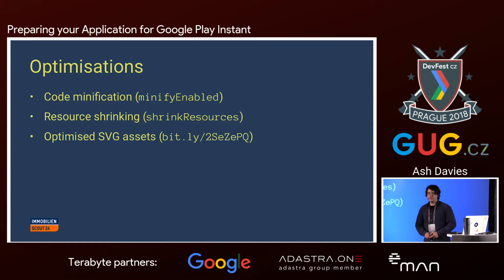You can optimize your SVG assets. If you're not already using SVG assets, I recommend doing so, because historically, applications would use rasterized assets, which are PNGs or bitmaps. These are quite heavy on memory, and obviously add a lot of size to your APK. So using SVGs, which are vectors, means that you can rely a little bit more on the processing power and have these rendered in real time.